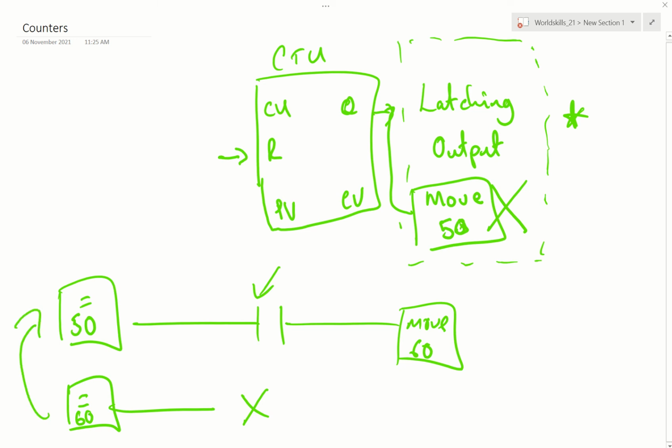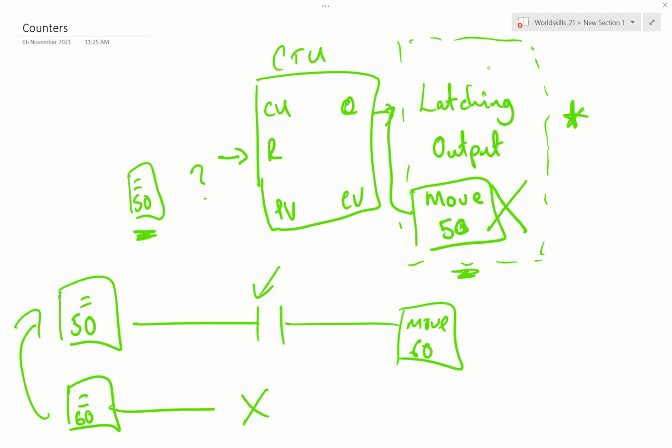It can be hard to get out of that, because you might be saying, why don't we reset it appropriately? But if you try to reset it when you're in step 50, you can't use the same thing that you create the output with to reset it. You can't use the same thing to create your output that you're using to break your output. It doesn't work. So you get stuck in this endless loop.